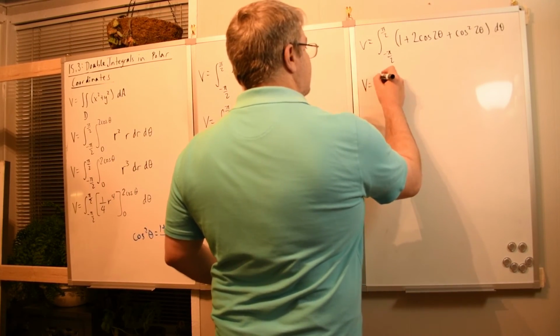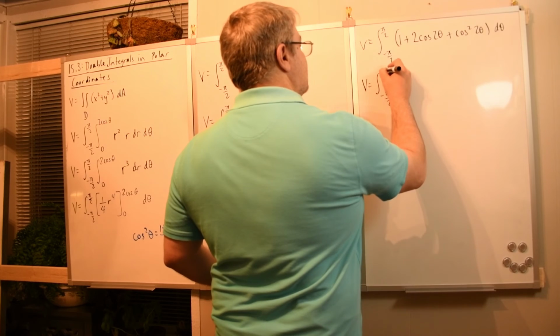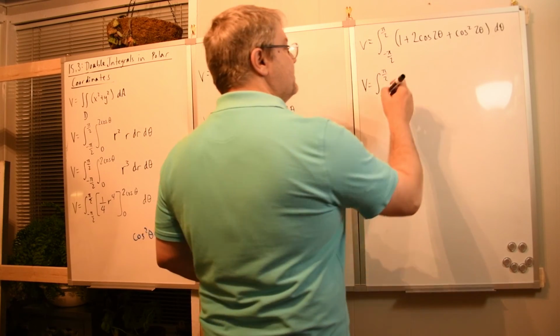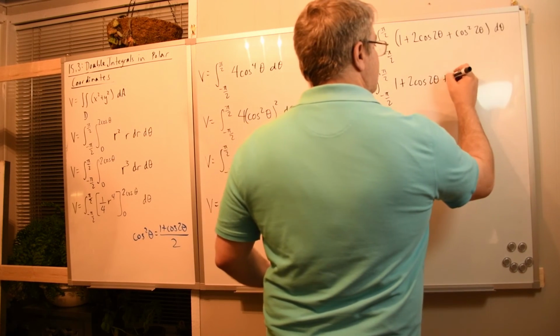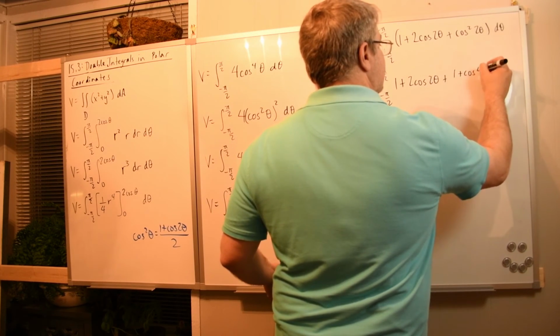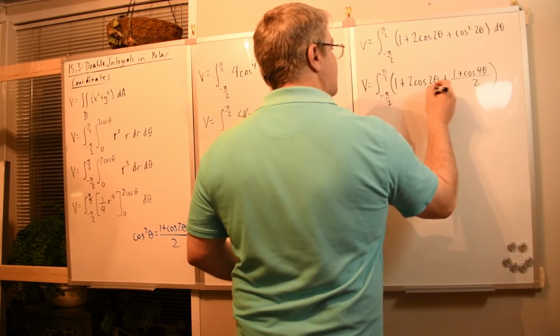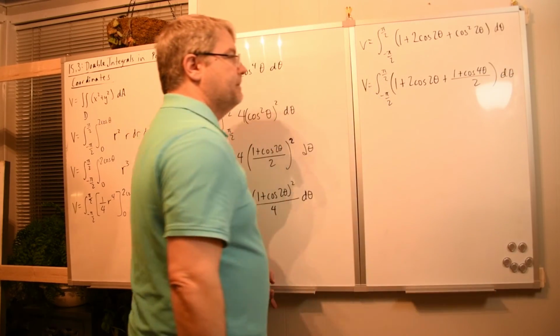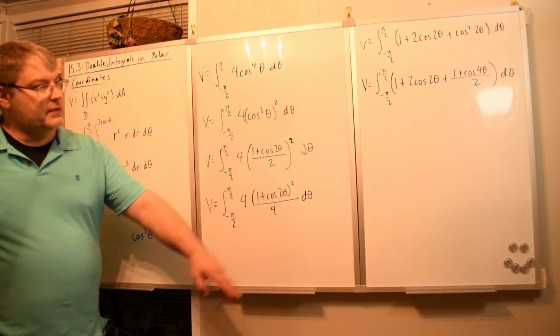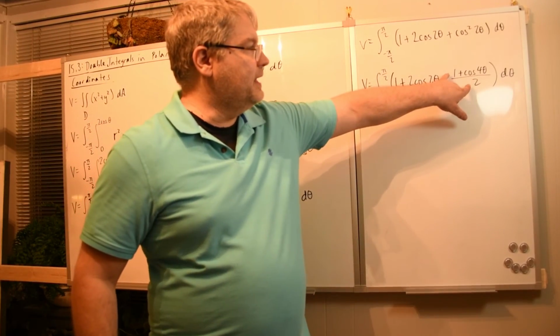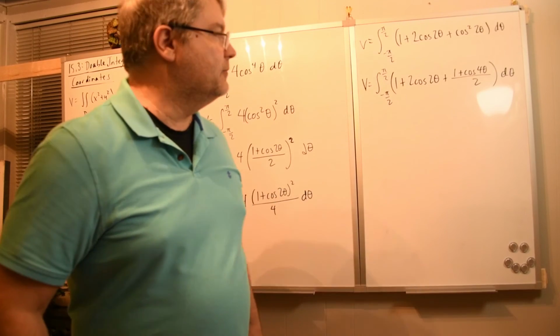So volume will be integral negative pi over 2 to positive pi over 2, 1 plus cosine 2 theta plus 1 plus cosine 4 theta divided by 2 d theta. If you take a look at this part here, got a half plus half cosine 4 theta.